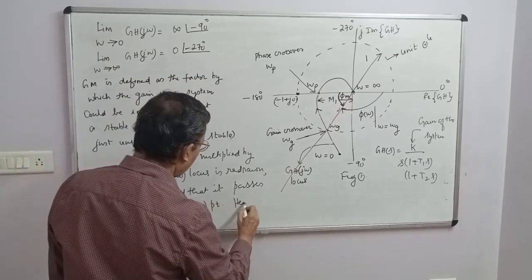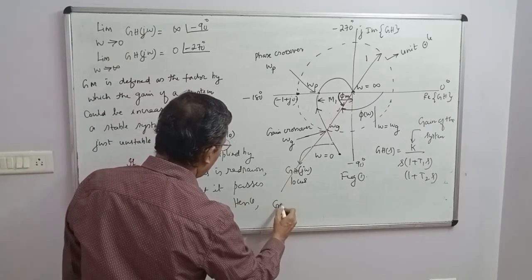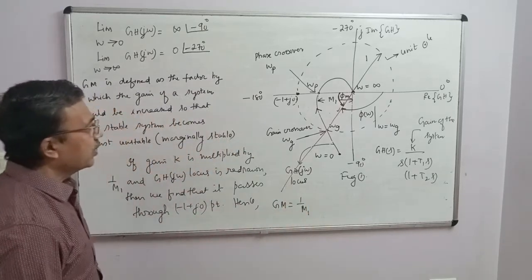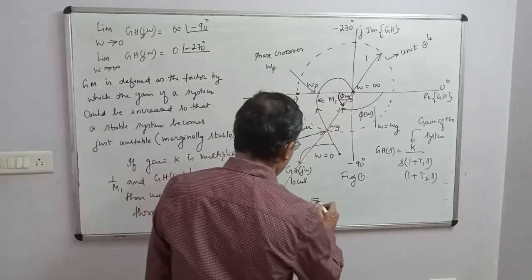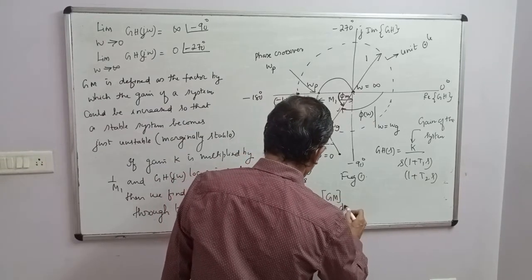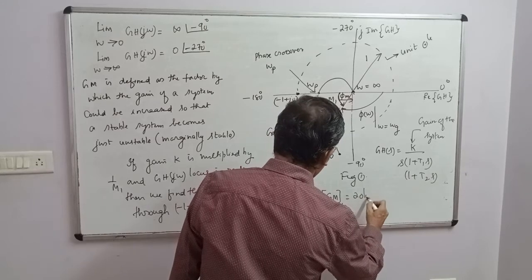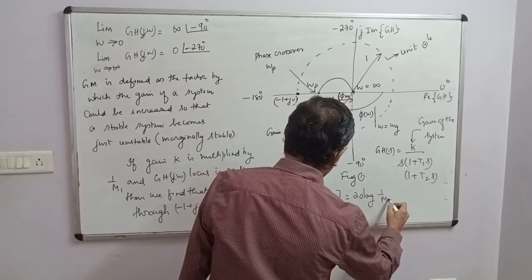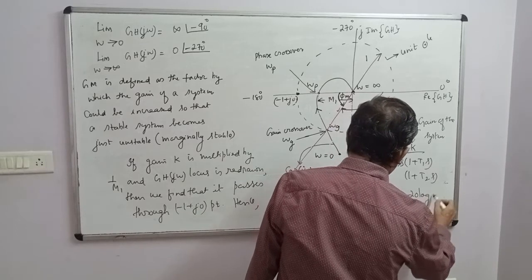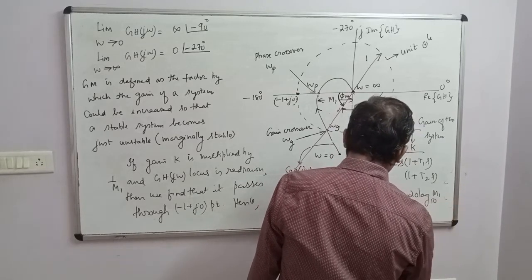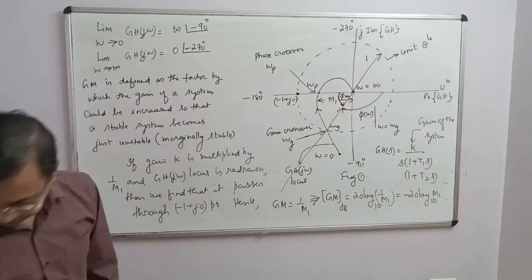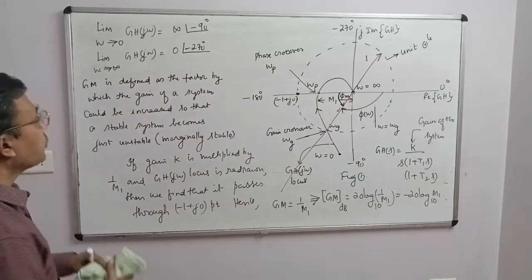Hence gain margin Gm is equal to 1 by m1. Gain margin in decibels is equal to 20 log of 1 by m1, which is equal to minus 20 log of m1. Logarithm is on base 10.